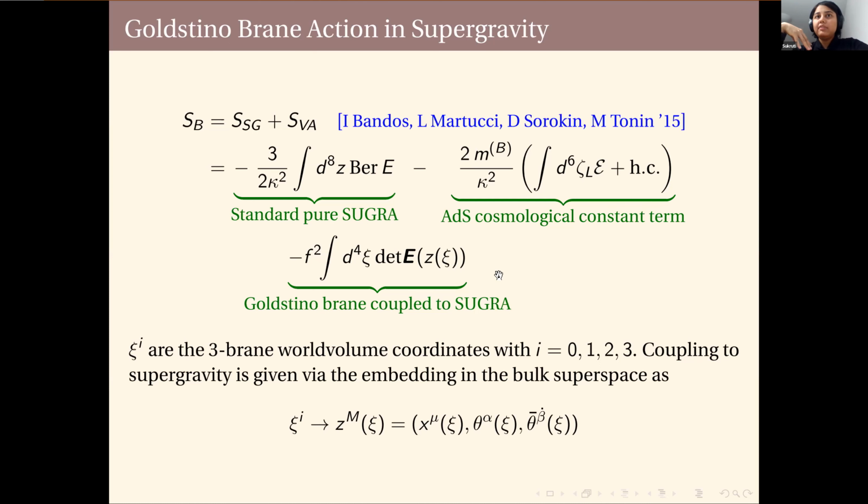So it is more convenient for us to compare our action with this action rather than the one given by Berkshire and collaborators. It was shown by these people that this action is equivalent to the nilpotent superfield action given by Berkshire and collaborators via field redefinitions. So we can choose to compare our new action with either of the 2 actions, and the result will hold for both.